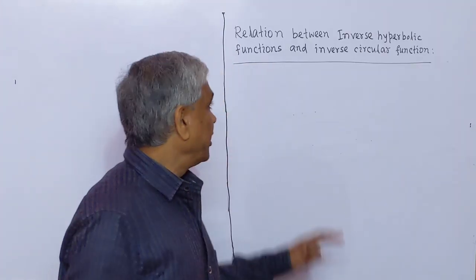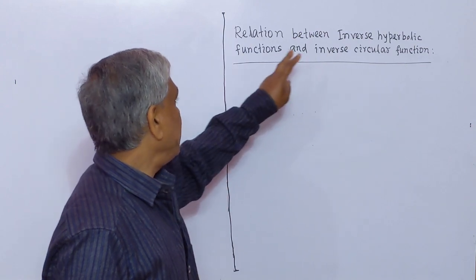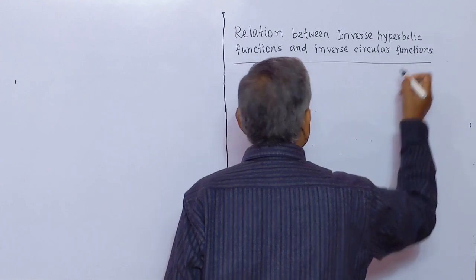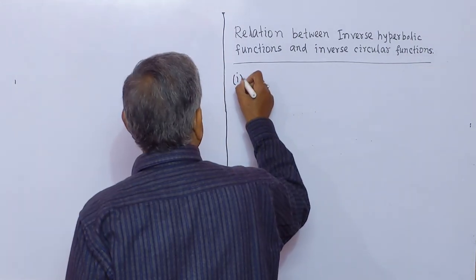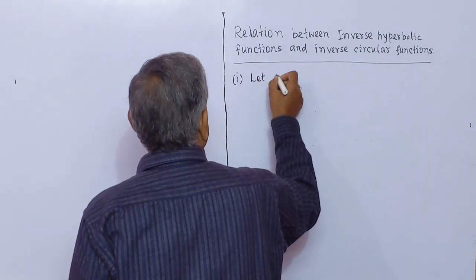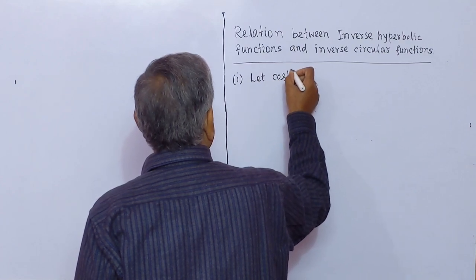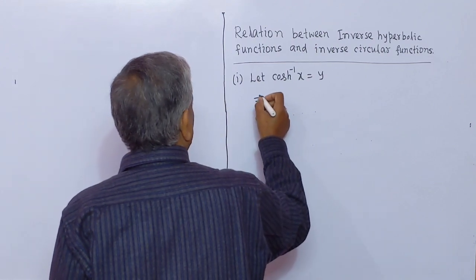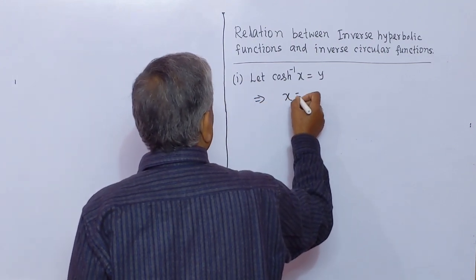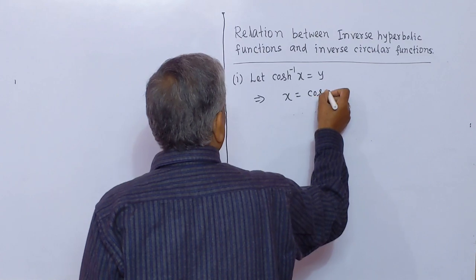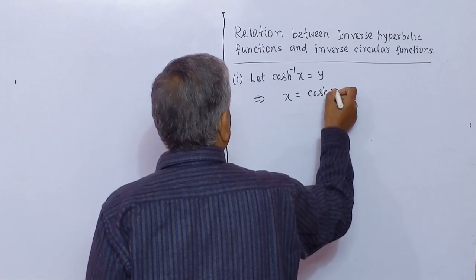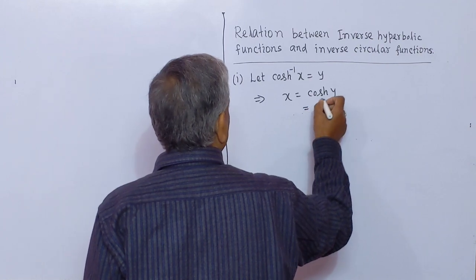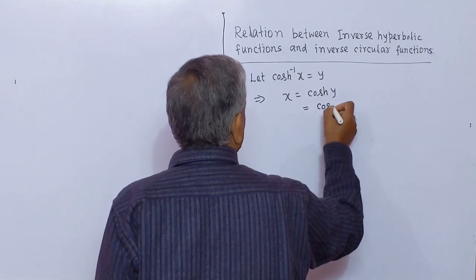Now we find the relation between inverse hyperbolic functions and inverse circular functions. Number 1, let cos hyperbolic inverse x equal y. This implies that x equals cos hyperbolic y, and cos hyperbolic y equals cos iy.